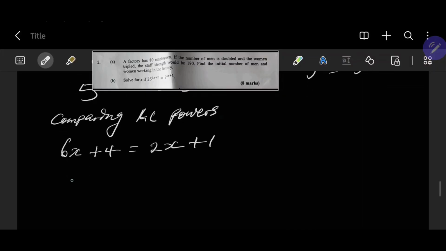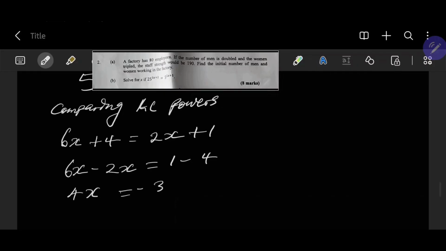So we're going to collect like terms. We have 6x minus 2x is equal to 1 minus 4. Okay, so 6x minus 2x, we're going to have 4x. So 4x is equal to 1 minus 4, which is negative 3.